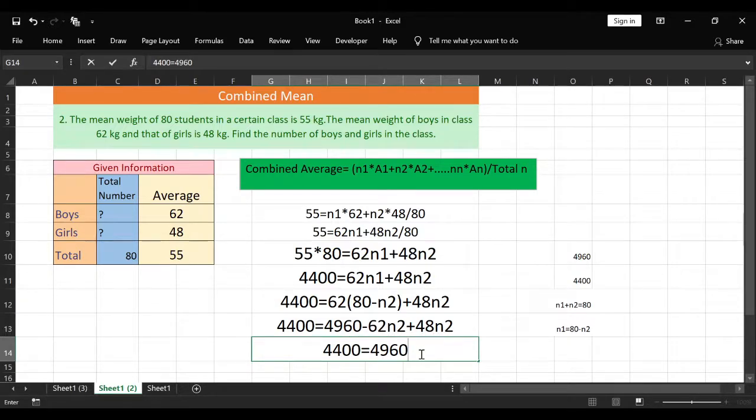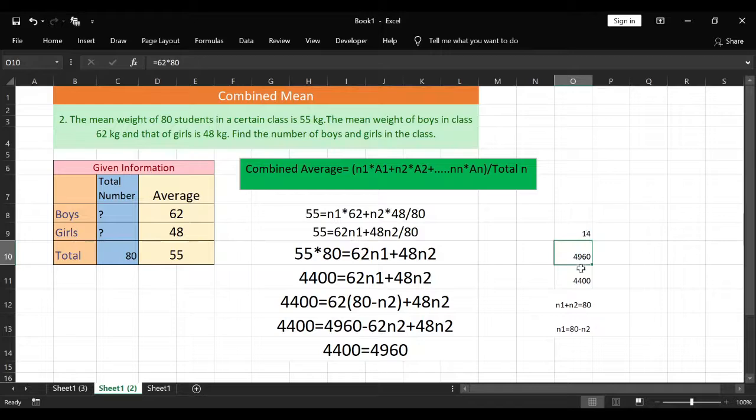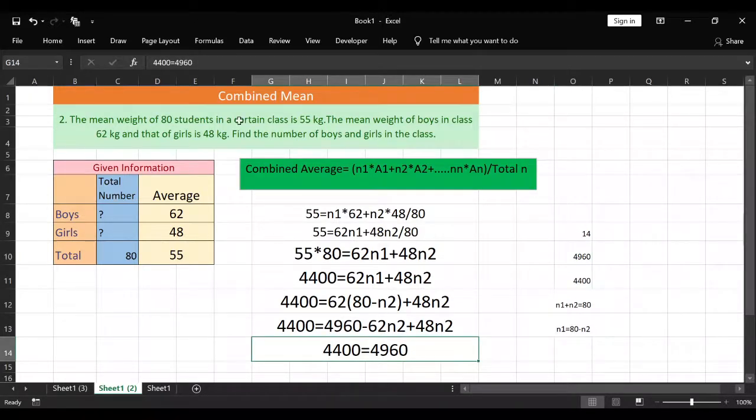So 62 minus 48, I'll check again, is 14. So 4960 minus 14 n2.